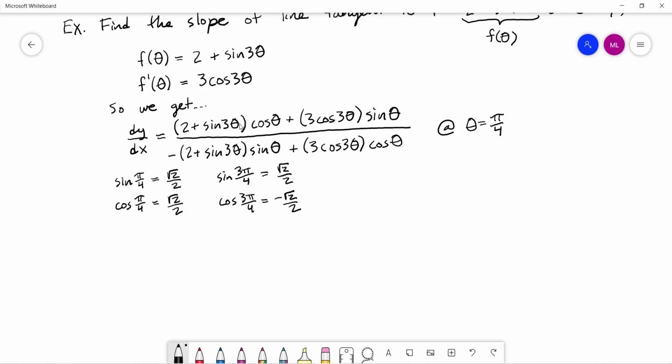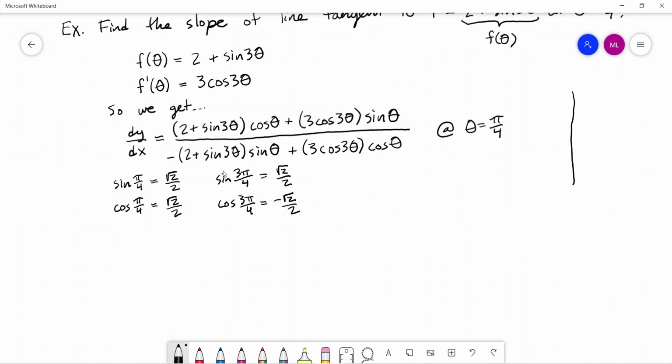Where am I getting these values? From the unit circle. So literally in my mind, I've got my unit circle here, radius 1, here's x, here's y. Here are the two angles I care about. Here's pi over 4, and this angle to there is 3 pi over 4. This has coordinates root 2 over 2, root 2 over 2.